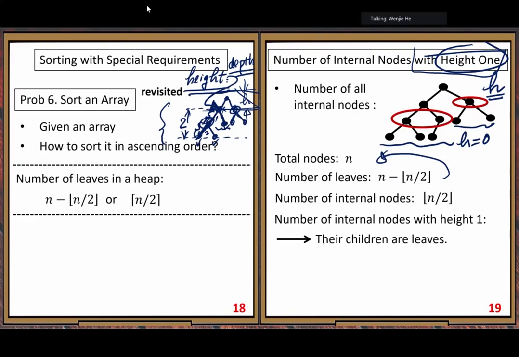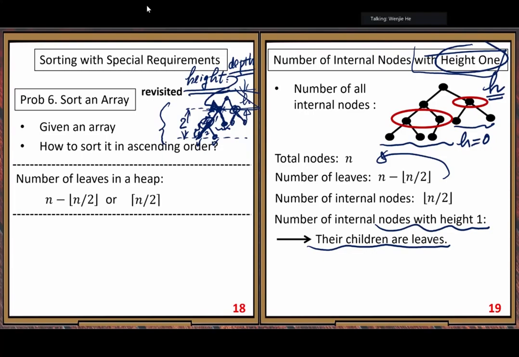So how do you describe internal nodes with height 1? One quick description is their children must be leaves, right? Because you go down 1 level, and when you move down 1 level, you reach the leaf level.